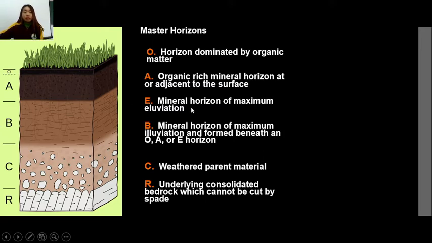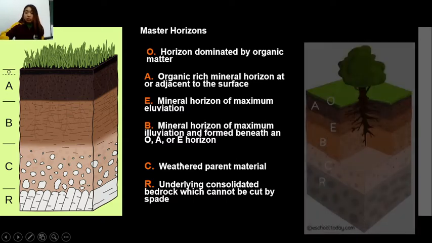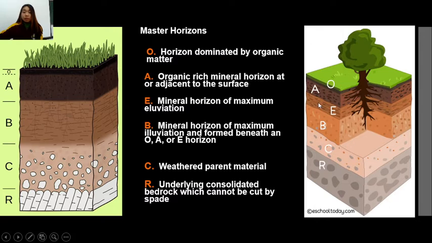This is a mineral horizon of maximum eluviation, wherein there is the removal of dissolved minerals or dissolved elements. In this example, because of percolating water, the dissolved elements or minerals have been removed and moved downward.